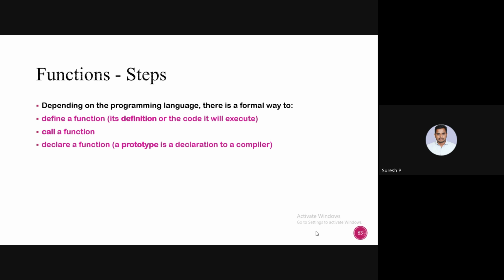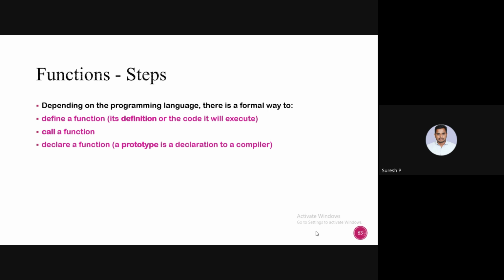So in order to invoke that particular factorial function, we have to call that function. So the function call is another important one. And based on the programming language, declaration of a function, meaning the function prototype. Before using or calling a function, we are supposed to inform the compiler that we are going to create such a function. So that is another important task called function declaration.